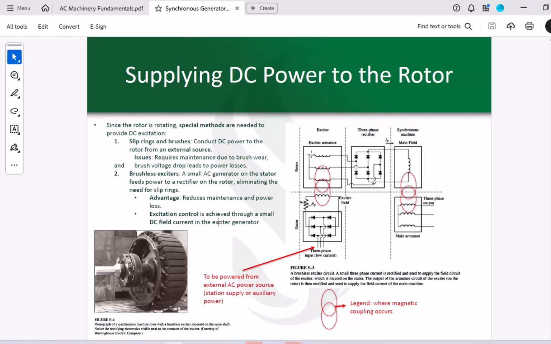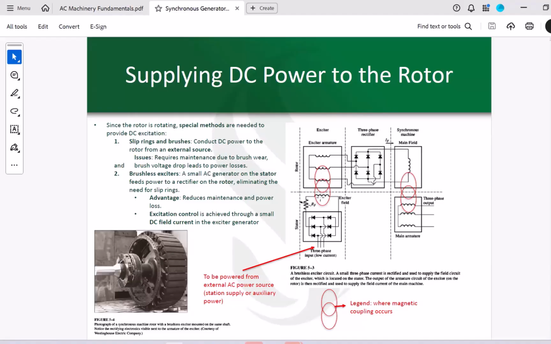But on the rotor, you have a machine which is pretty much an AC machine. This is like a smaller version of an AC generator, because of the rotational speed of that rotor with respect to the current here on the stator, you have some relative speed.